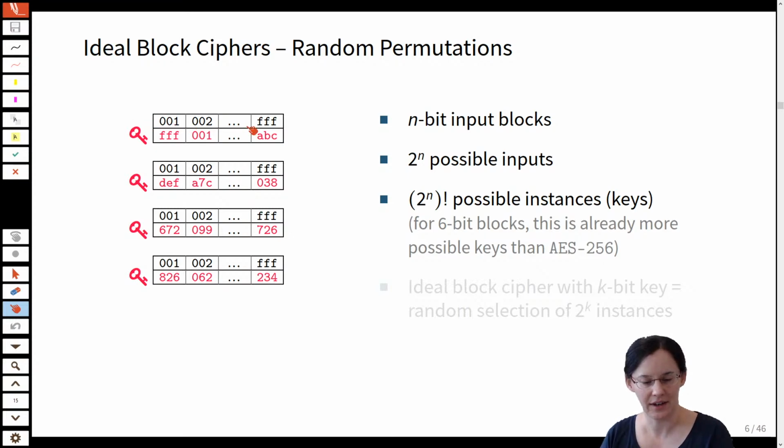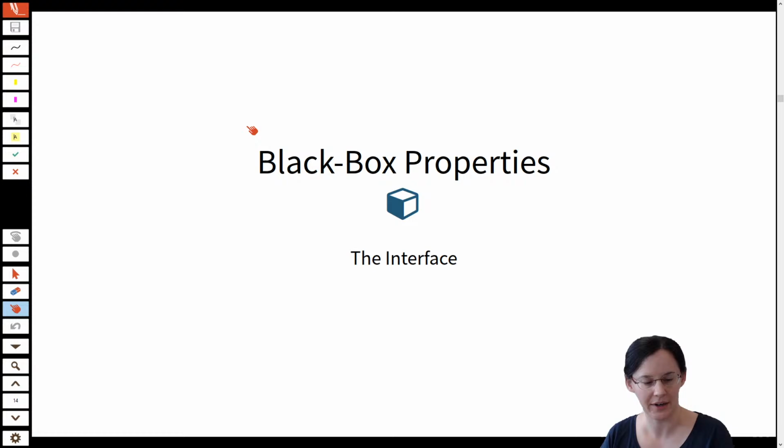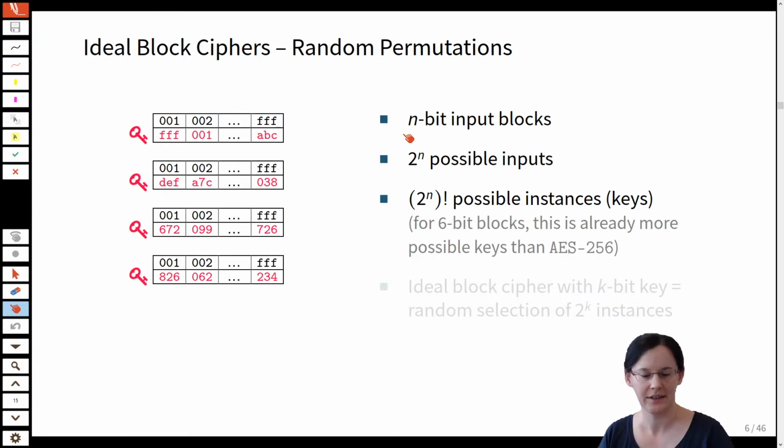So the ideal block cipher model that we would like to have, or the ideal interface, is, we have these n-bit input blocks, we said, which is the message that is to be translated, which means we have 2^n possible inputs in total, so as many different message blocks that we can encrypt.